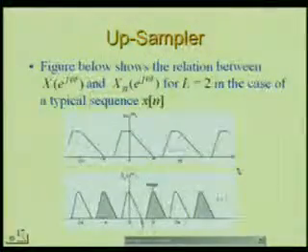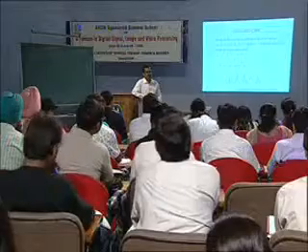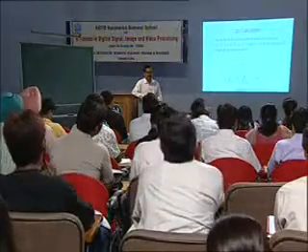When you upsample the input sequence by a factor of 2, what happens to the frequency response? It is more compressed. The folding factor is 2, which you can easily observe from this figure, and these are otherwise known as the images of the frequency response.